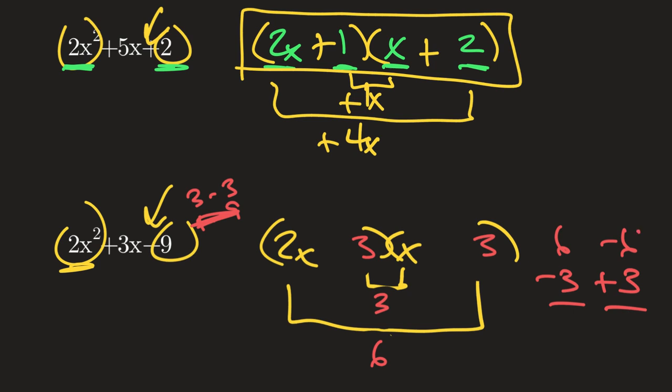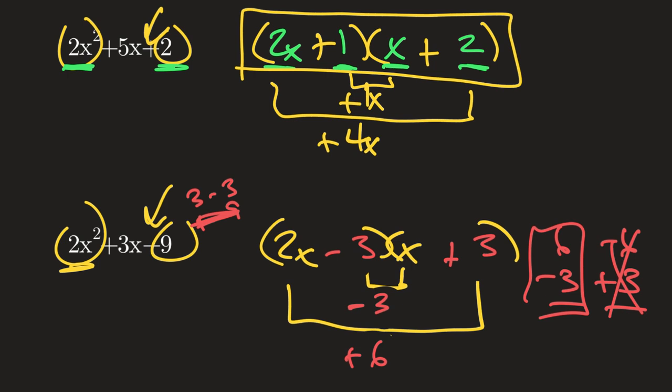This one right here. So my 6 needs to be positive, my 3 needs to be negative. So we're going to go minus plus on my signs. That should give me a negative 3 in the middle, and a positive 6 on the outside. 6 minus 3 is positive 3.